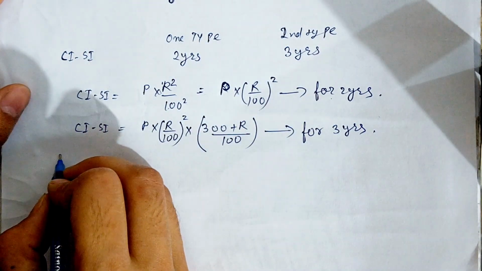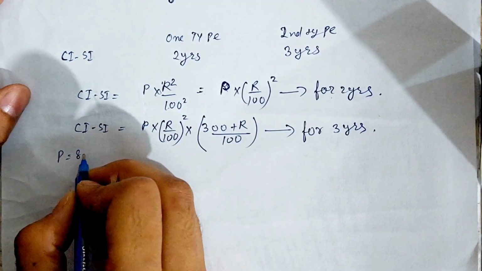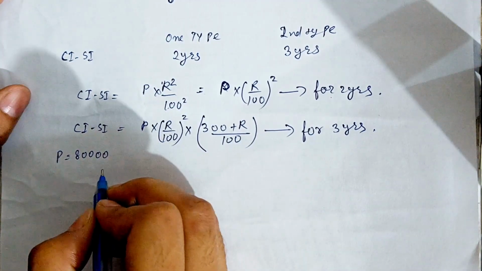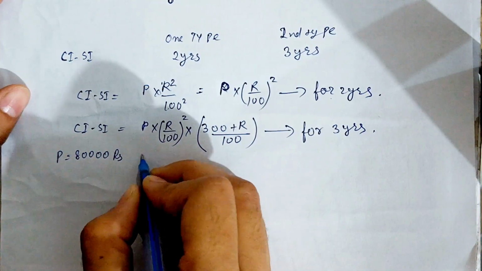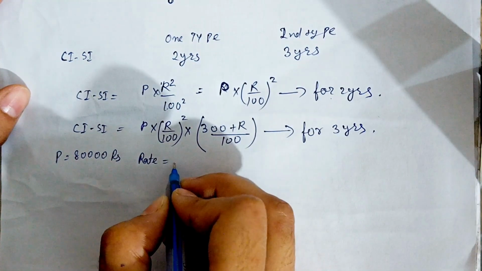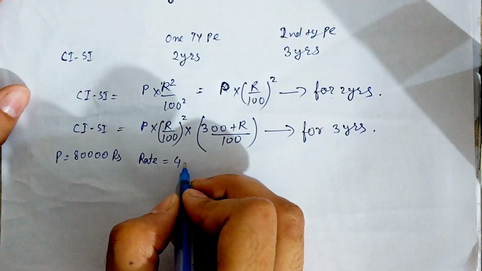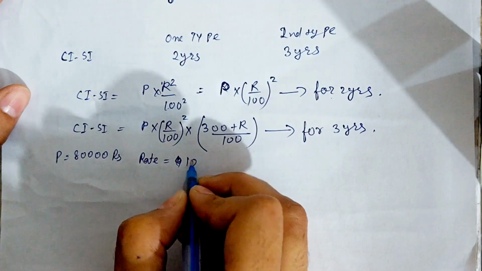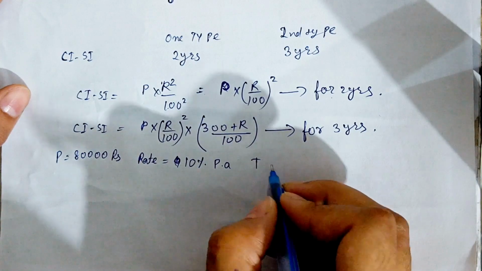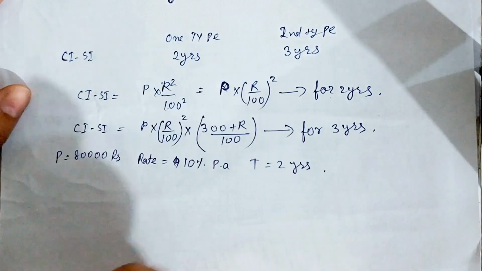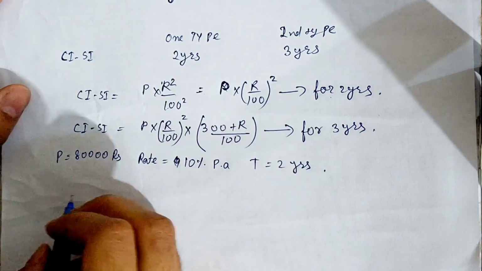Suppose the principal is 80,000 rupees and the rate is 10% per annum. The time is given as 2 years. How would you calculate it?